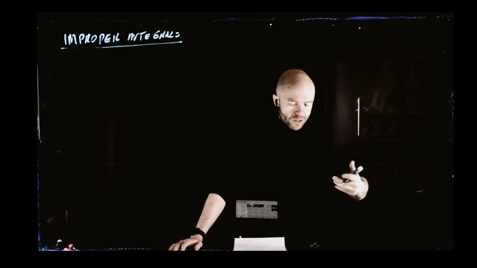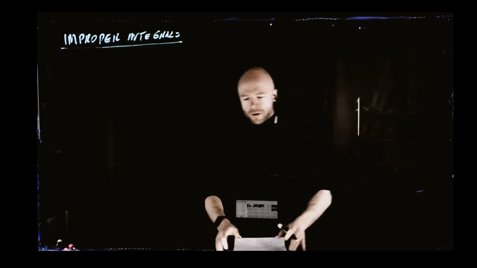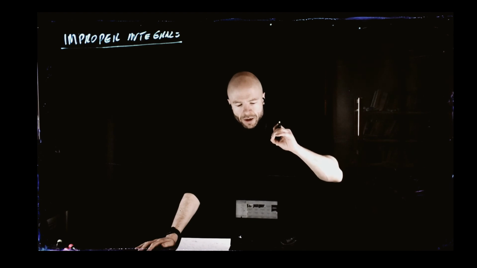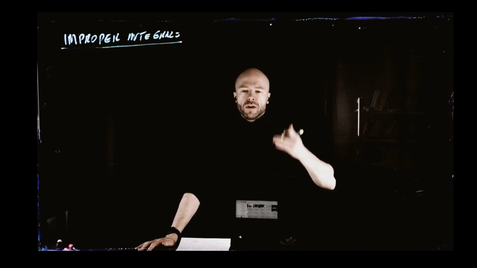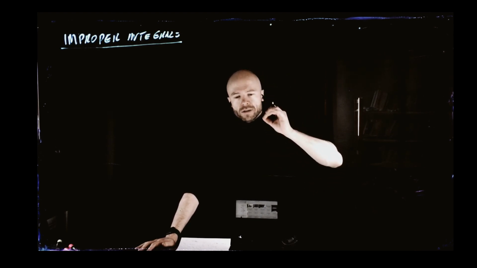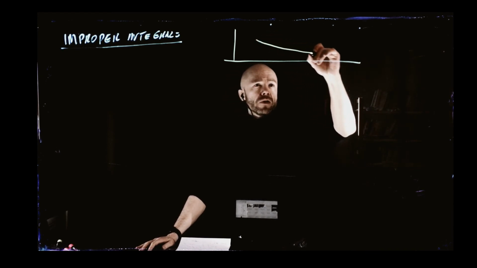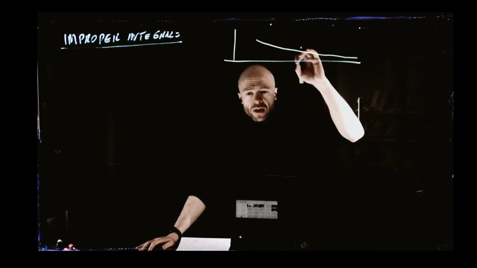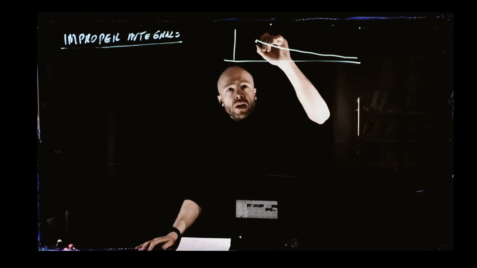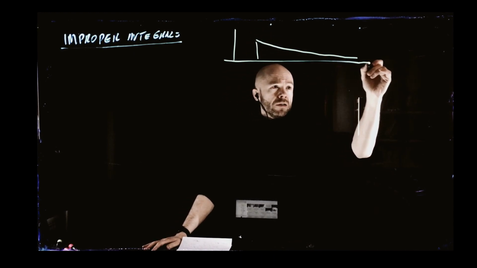The procedure is, well, at least the philosophy behind it is very similar. The technicalities are a little bit different for the different kinds of singularity. The key thing we learned last time was that 1 over x is the cutoff point for both. So if we have an improper integral of type 1, then 1 over x is not decaying fast enough for the area underneath the graph to be finite.